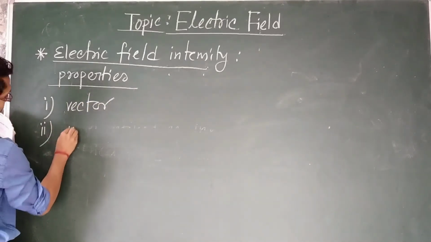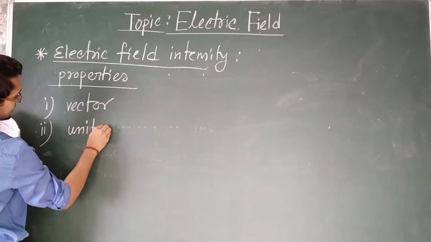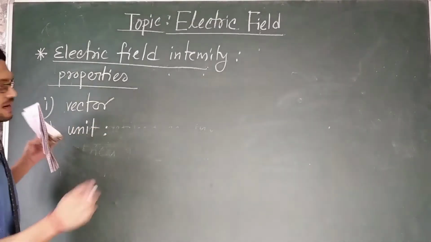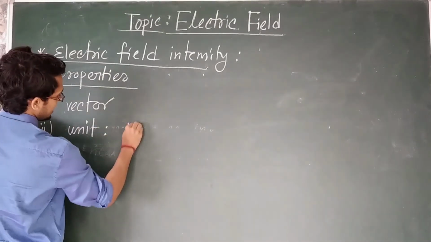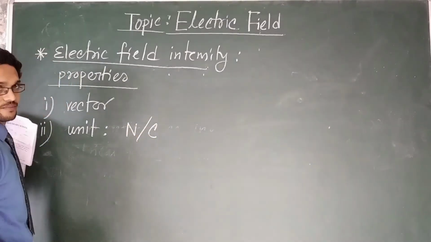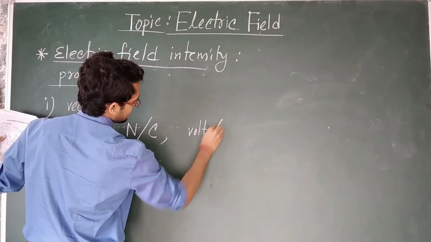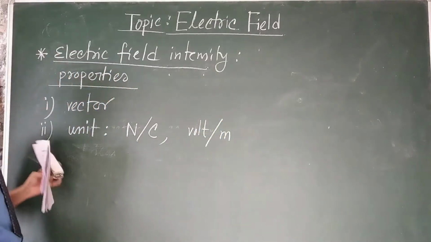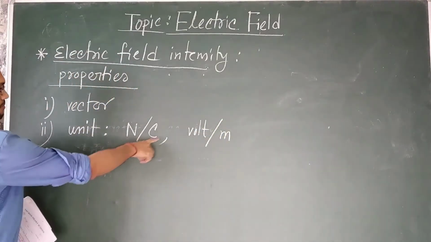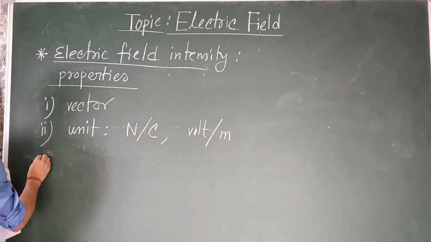Second one, unit. The formula is F by Q, so the unit will be Newton per Coulomb. There is another unit, that is volt per meter. These are SI units: Newton per Coulomb or volt per meter.